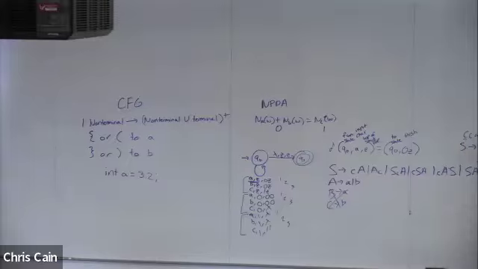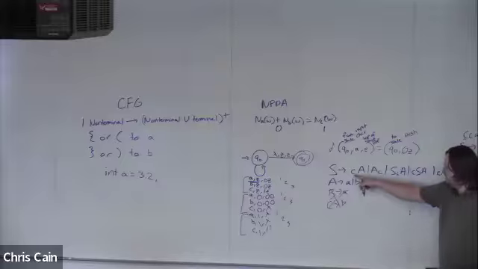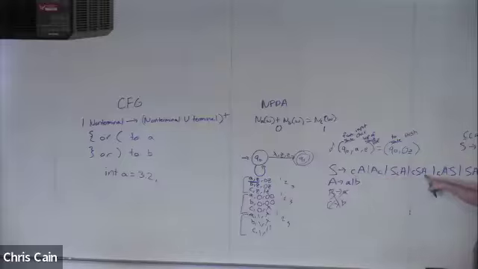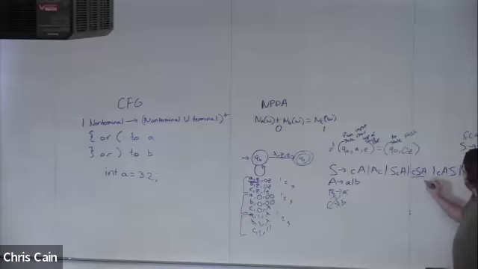So the C and the B tells us that we need a C first and an A at the end. So this S would go to CSA.